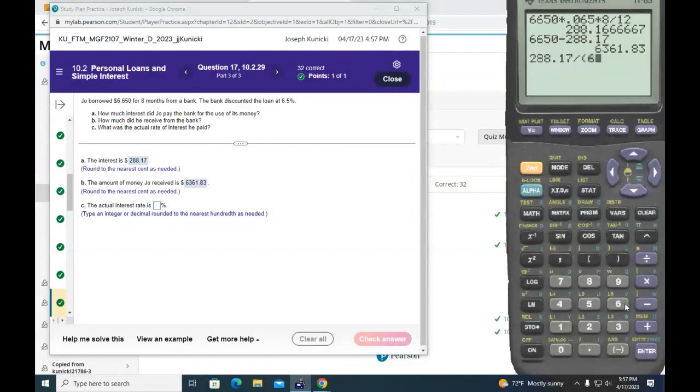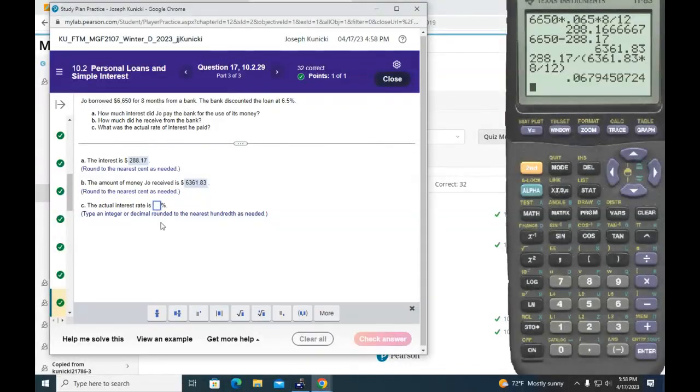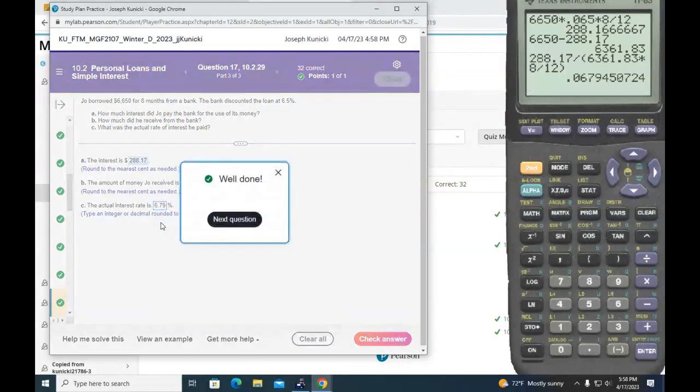You took home 6361.83, and the time was 8 months, so 8 divided by 12. And this will give us the true rate. You see, it's 6.79%. It's not 6.5%. So the actual rate was 6.79%. Almost 7%.